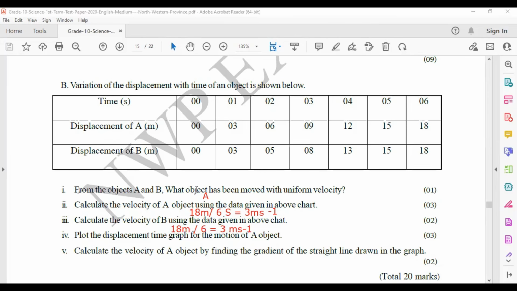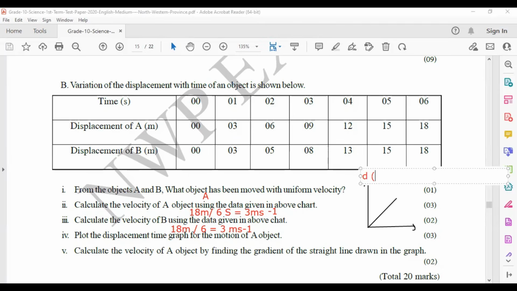Plot the displacement time graph for the motion of object A. You have to plot it. This kind of displacement graph can be drawn because it is moving with uniform velocity. Always in displacement time graphs, you have to mention what the axes are.